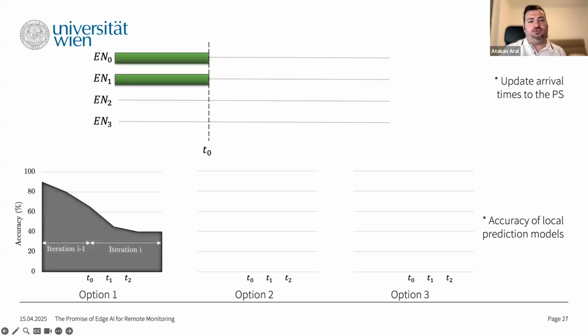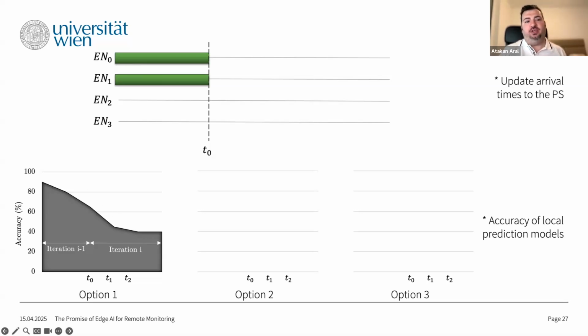So let's assume at time t0, we had updates from 2 edge nodes, but 2 others are missing due to unavailability of network. There were some failures at the nodes, which is very usual in our case. And at the edge nodes, there is already a model deployed. When this model is not updated with new data, its accuracy drops over time, so it gets stale.